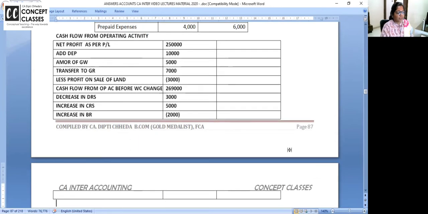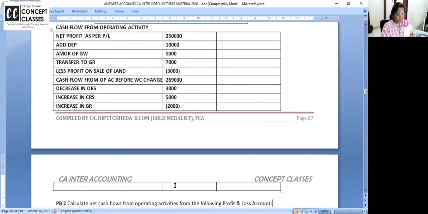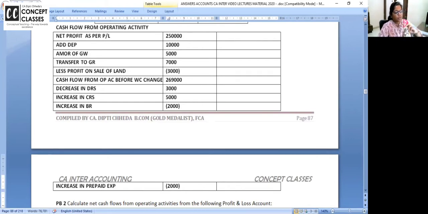Outflow. How much? 2,000. What do I call it? 2,000. Increase in prepaid expense. 2,000. Do the total and tell me how much you are getting.